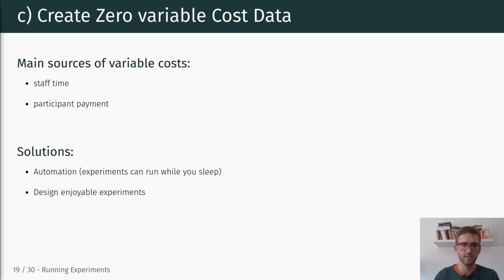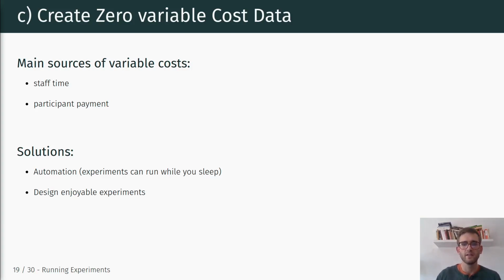There are constant costs when it comes to infrastructure and things like that. And then there are variable costs. The sources of variable costs are usually staff time, so people who have to help conduct the experiment, as well as participant payments, so giving people money or incentives to actually participate in your experiment, right?